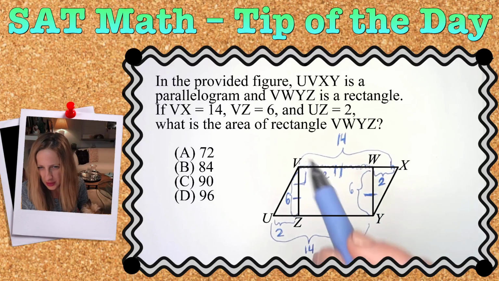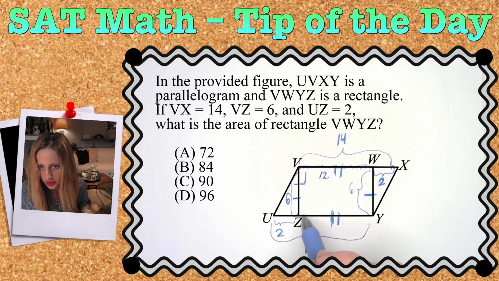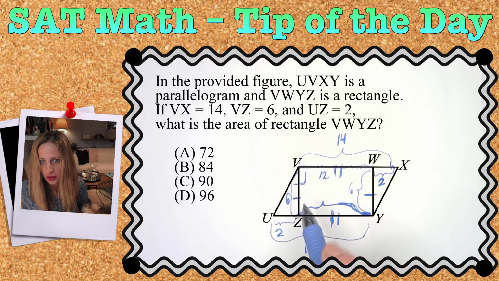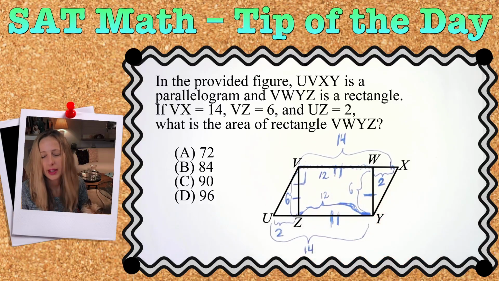So 12 is going from V to W, and then that means it's also the length from Z to Y right there. Okay, terrible drawing. So Z to Y is also going to be 12.